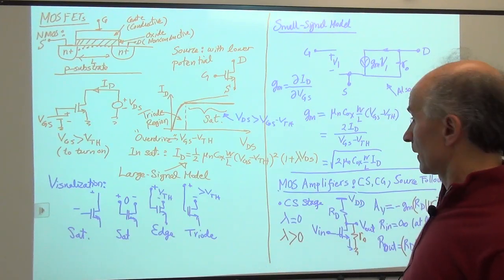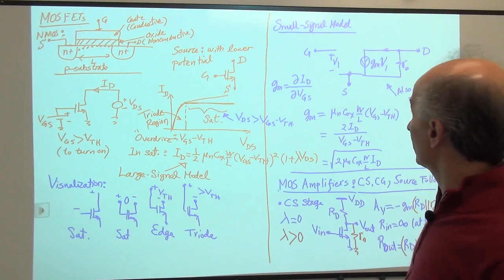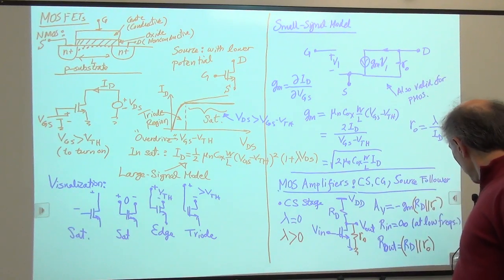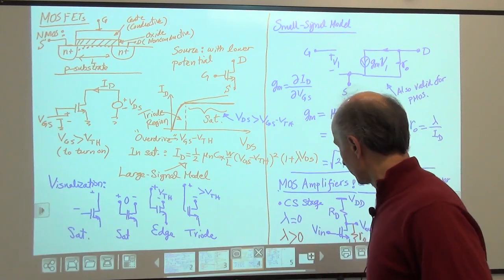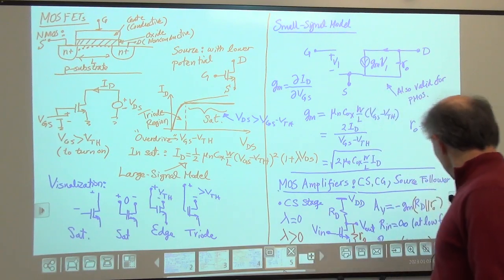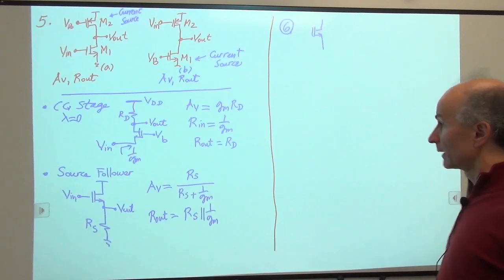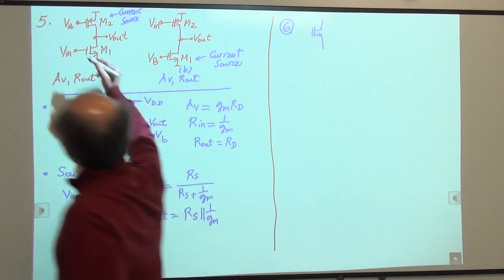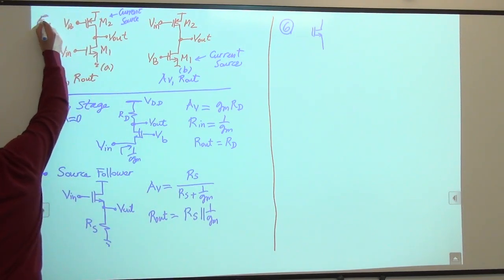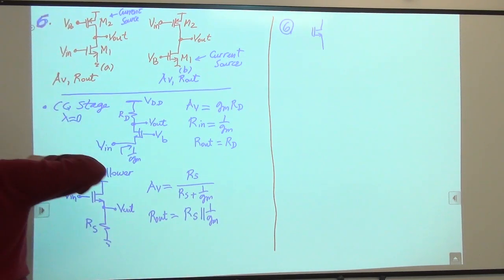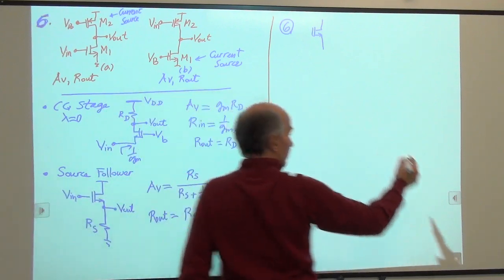Okay, page number 4 does not have a problem. Then we go to page number 5. So this is problem number 6. Please make this correction. This is problem number 6, not number 5. And then this will be problem number 7.